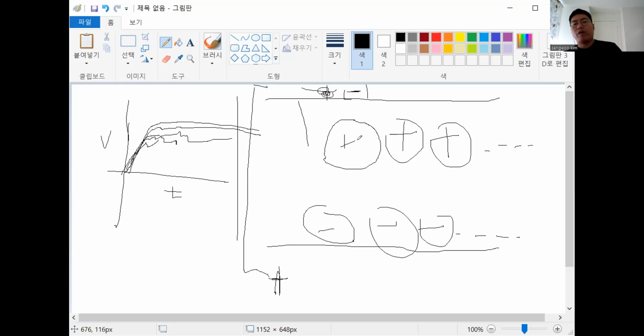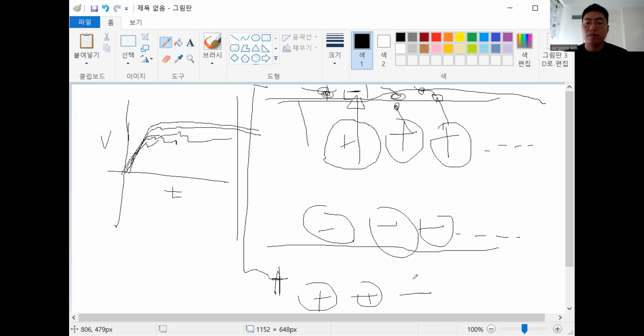So when polarization started, when we try to charge it, the battery attracted plus here, and attracted minus here. So this is charging. You know what I mean? And here, move, move, move.